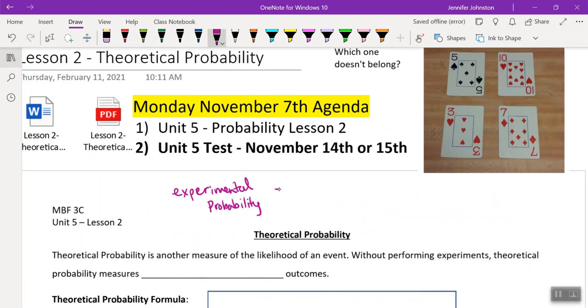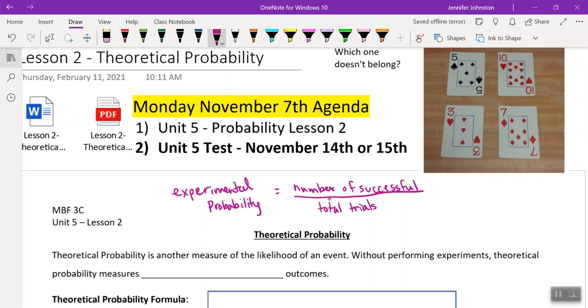All right, so experimental probability is all about the number of successes over your number of trials. So that would be like the success of rolling a 6 for one dice, or the success of rolling snake eyes with two dice, so rolling 2 ones, over your total trials.